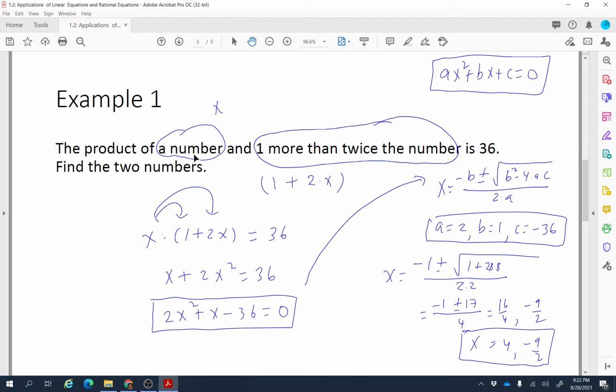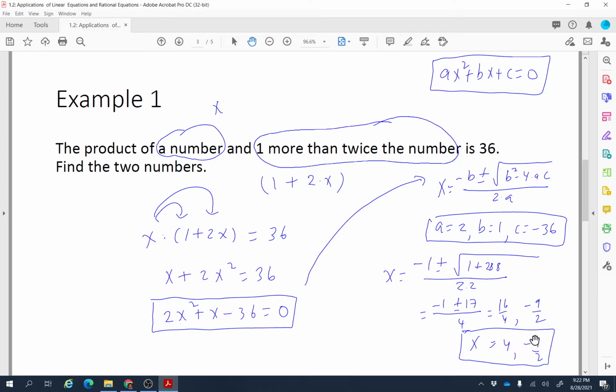Now if we put x equal to 4, then the other number is 1 plus 2 times 4, which is 9. So 4 times 9 is 36. That's true. In the other case, if x is negative 9 over 2, the other number would be 1 plus 2 times negative 9 over 2, which, if you simplify, is 1 minus 9, which is negative 8. If you multiply negative 9 over 2 and negative 8, that will also be positive 36.